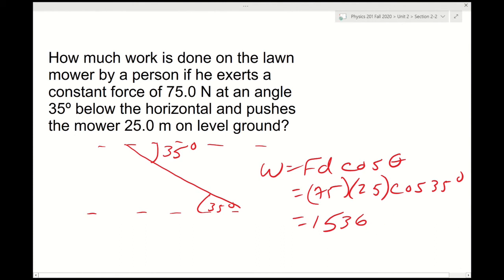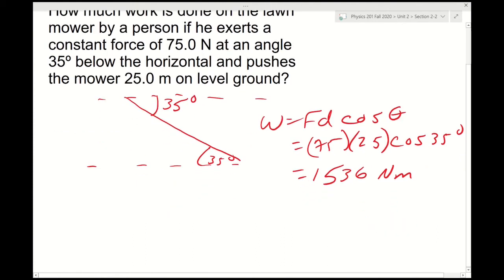So convert the work from joules to kilocalories and compare that to an intake of about 2,400 calories per day.